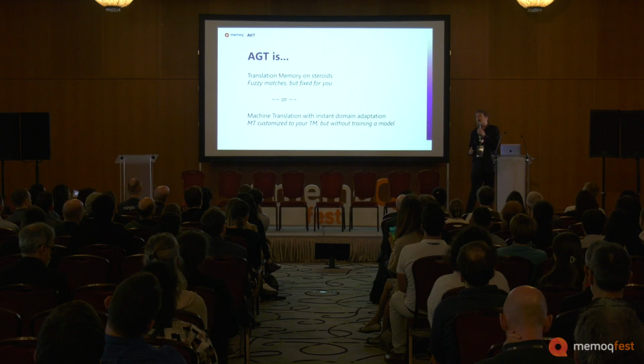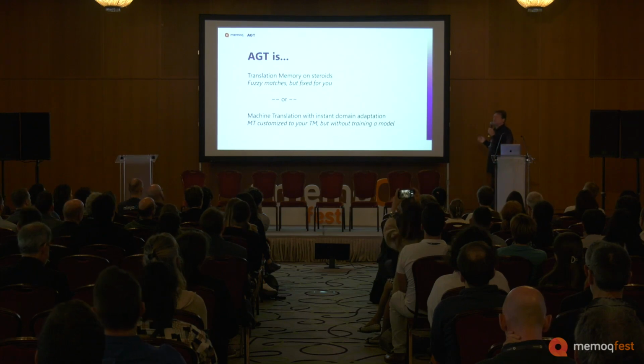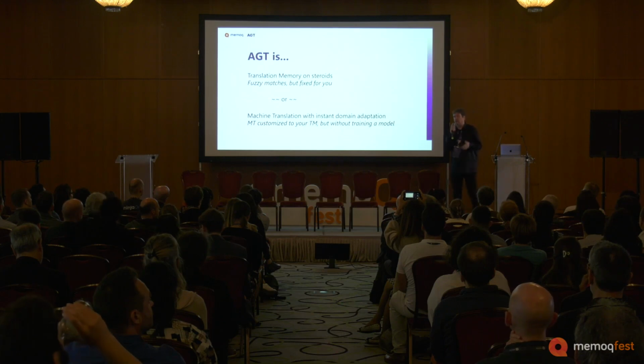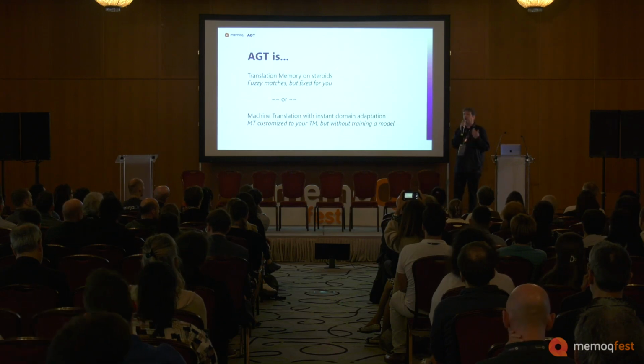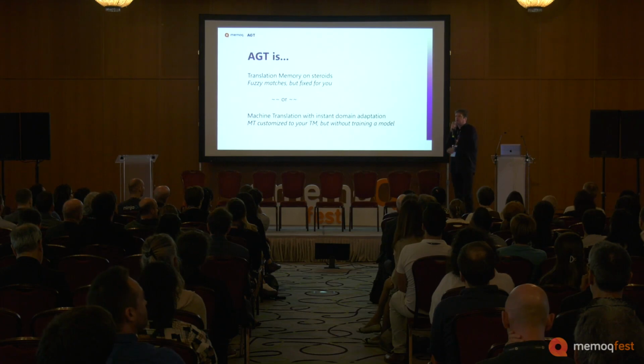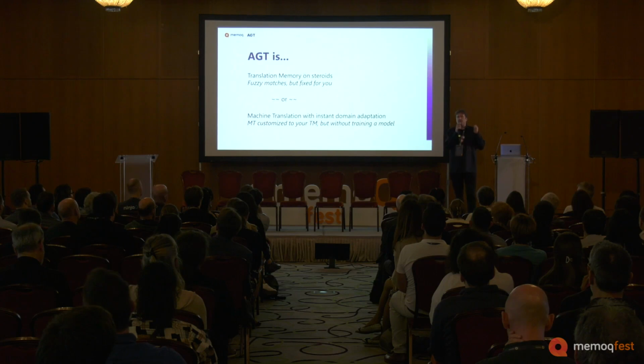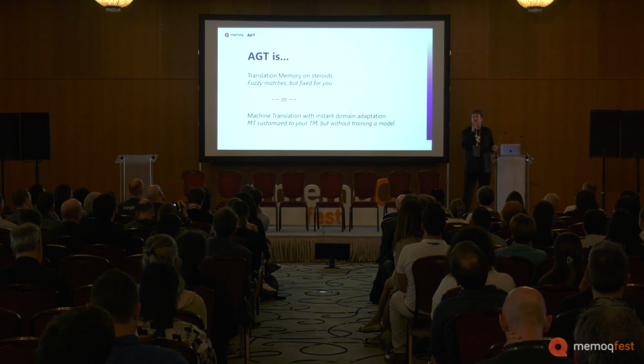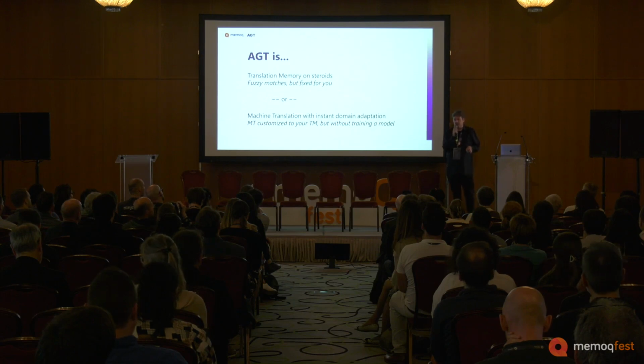Or you can look at it from a different perspective, which is essentially that it's instant domain adaptation for MT. This is already something that exists. I think in the localization industry, the strongest use case for machine translation is always customized MT. So you don't go to off-the-shelf systems, but you basically take your content, things that you have already translated, verified, reviewed translations, and build a customized model that will create very good translations for the particular kind of narrow domain content that you are dealing with.